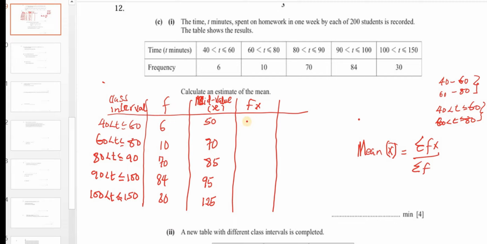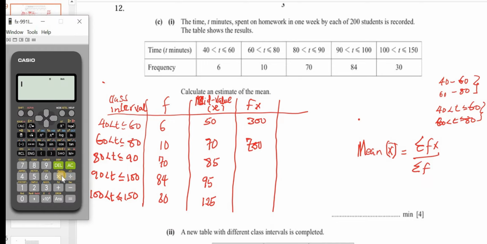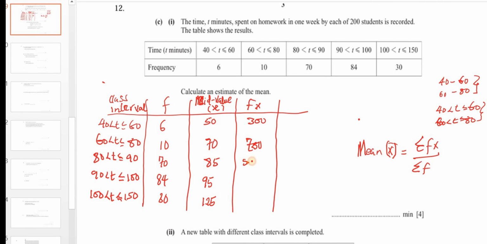That's 6 times 50, that's 300. 10 times 70, that's 700. Then 70 times 85, this one is 5950.